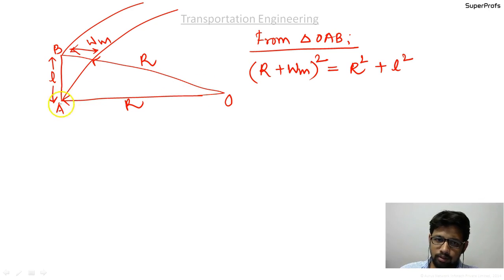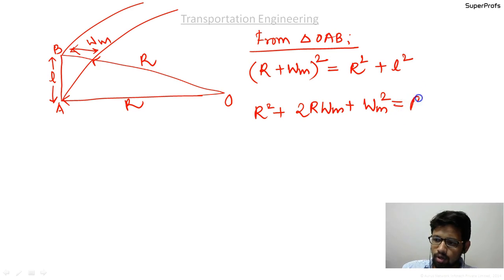This R square and this R square get cancelled.